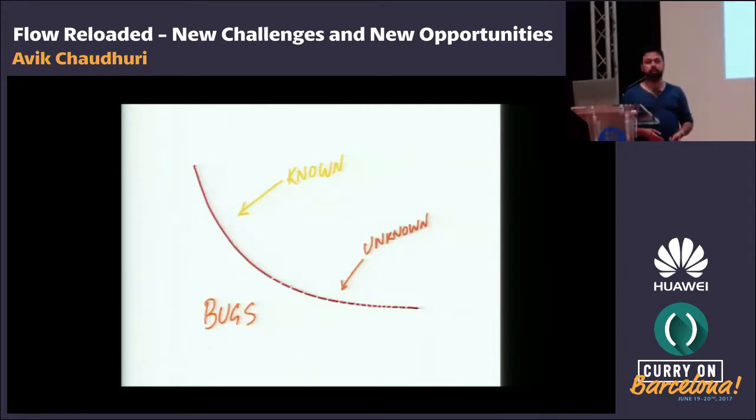Let me touch on bugs for a little while. There are lots of known bugs in Flow which we plan to fix, but there's a long tail of unknown bugs, and we are really worried about these bugs. And I do not know what the correct solution is to find unknown bugs in a really large production system, other than these things, which is like really stare at the rules hard.